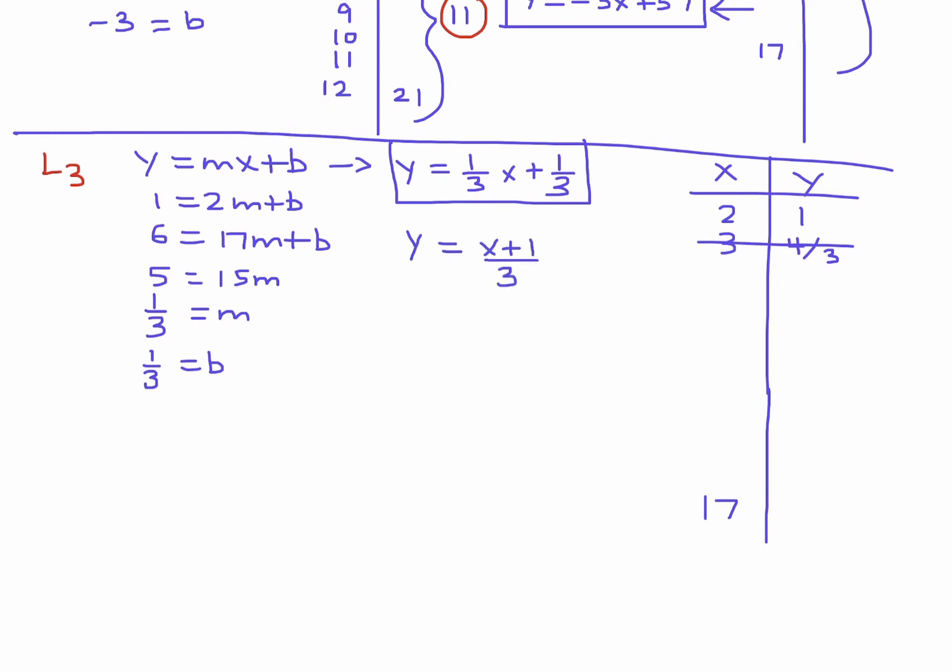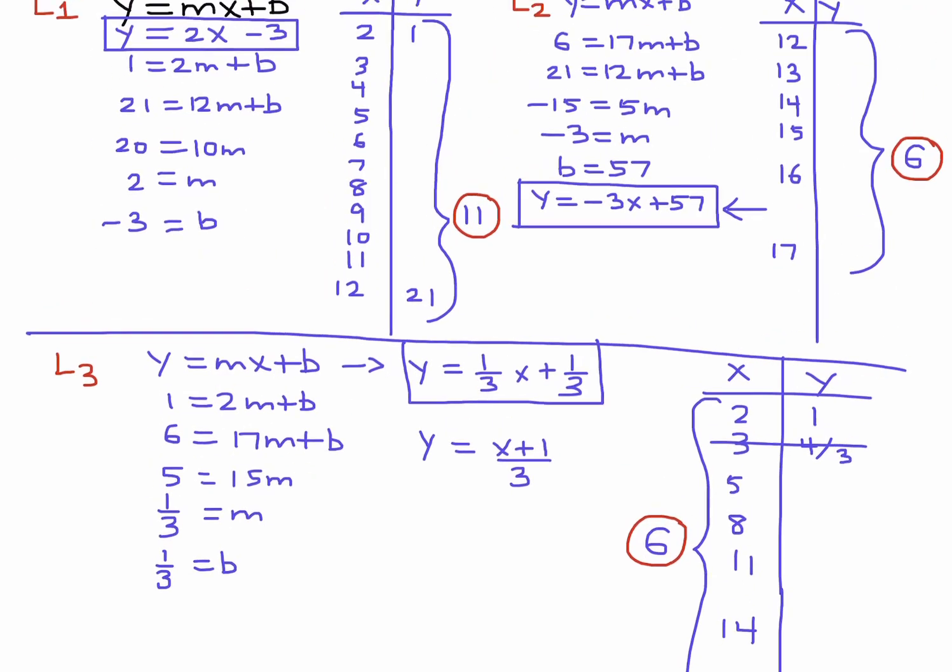So the only way this is going to be an integer is if x plus 1 is divisible by 3. And that happens when x is 5, when x is 8, 11, 14. Correct? So this gives me 1, 2, 3, 4, 5, 6. 6 lattice points.